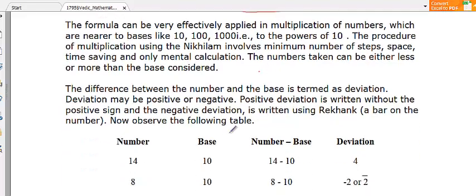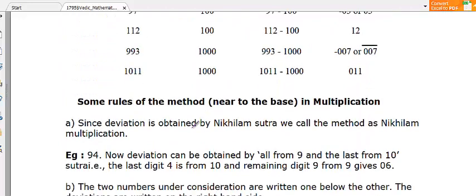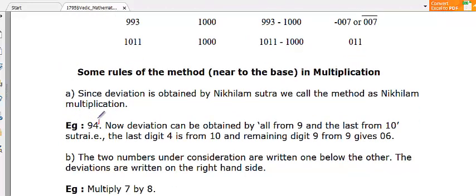We have an example here. You can take the example of 94. What is the meaning? All from 9 and last from 10 means the last digit in 94 is 4, and you subtract it from 10: 4 from 10 and you will get 6.